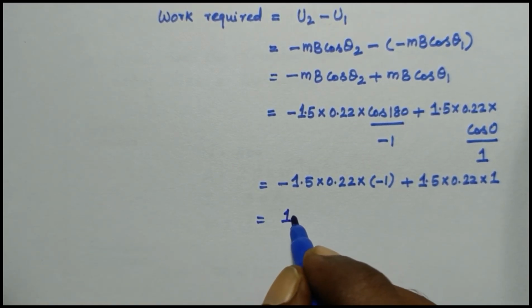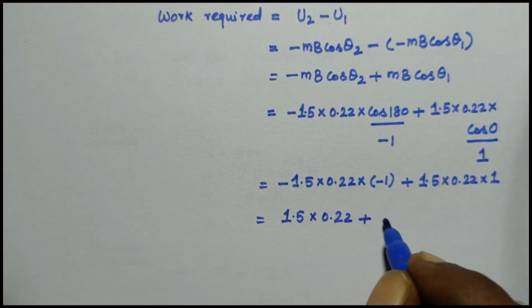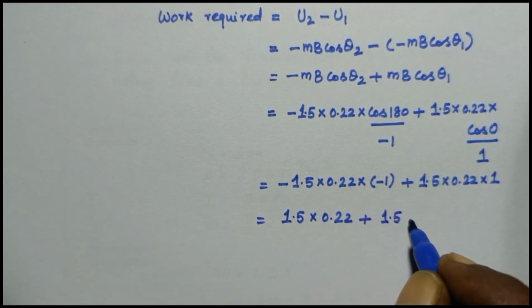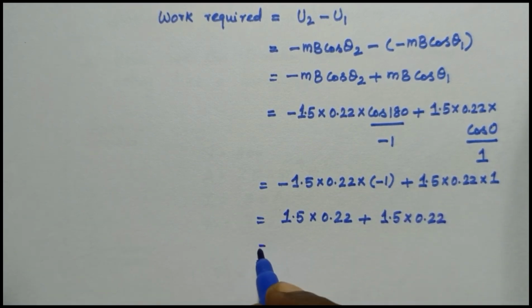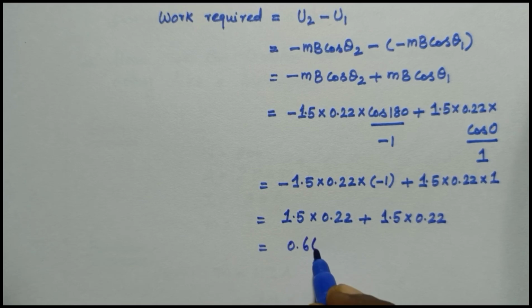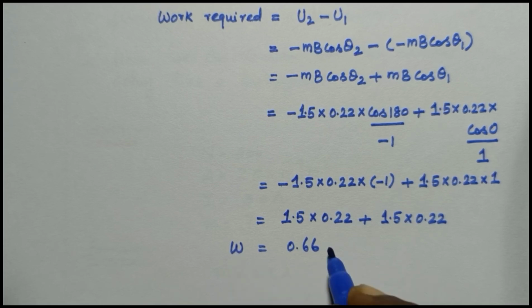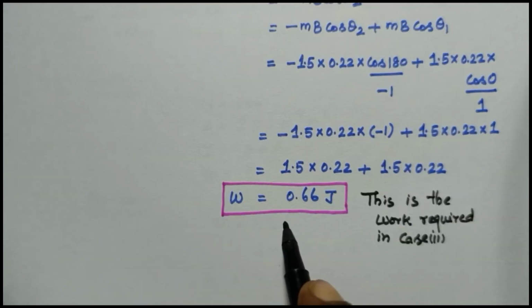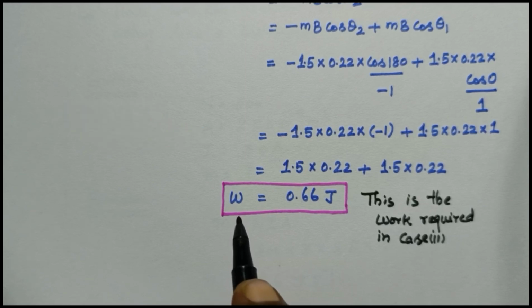Therefore, 1.5 into 0.22 plus 1.5 into 0.22. This is equal to 0.66. Therefore, the work required W is equal to 0.66. Unit of work is joule. So, this is the work required by the torque to turn the bar magnet opposite to the direction of the magnetic field. So, this is the answer for the first subdivision.